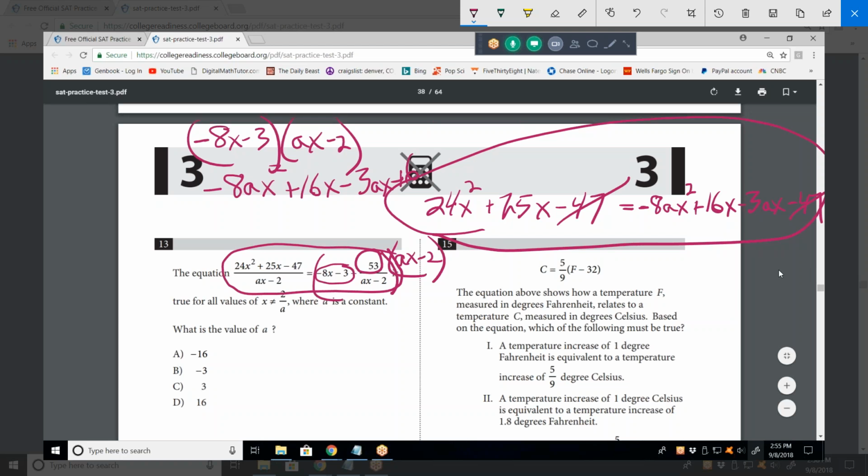Equate coefficients. In other words, the coefficient of the x squared on the left has to be the same as the coefficient of the x squared on the right. So 24 has to equal minus 8a, and that allows us to solve for a. Minus 3.